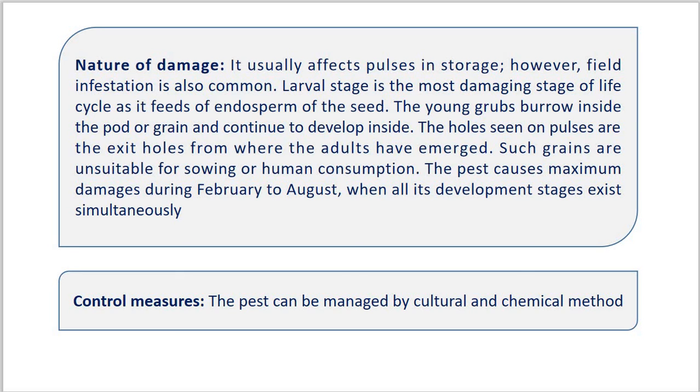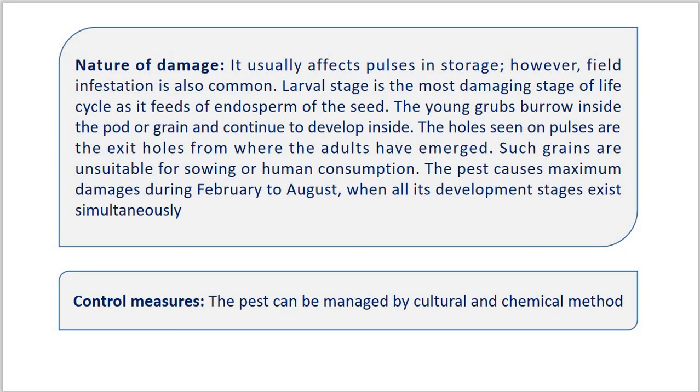Along with that, the best common practice is fumigation. Fumigation with carbon disulfide or methyl bromide controls the pest effectively and is the best practice to avoid contamination. The fumes of carbon disulfide or methyl bromide are highly toxic to the developing stages and to the adult stages of the pest.